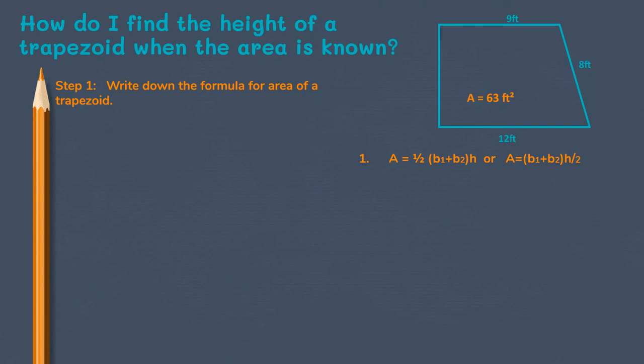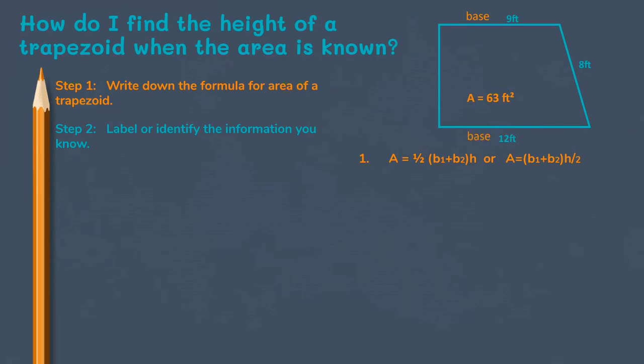So we write down our formula as A equals 1/2 base 1 plus base 2 times the height. Second step, label or identify the information you know. All right, so we're going to pay close attention to what I know looking at that diagram. So some of the things I know is I know one of the bases is 9.